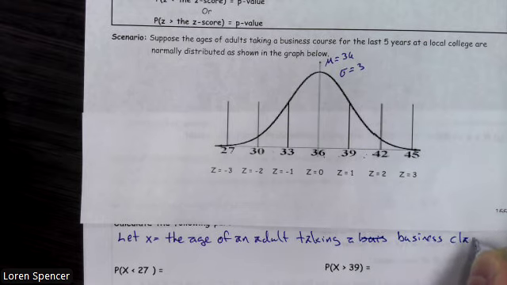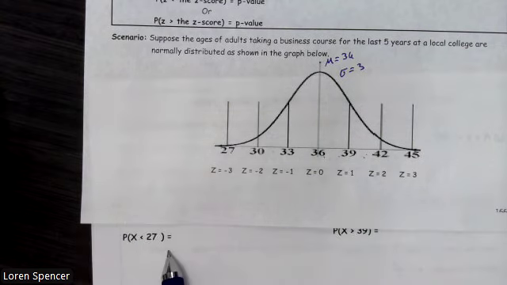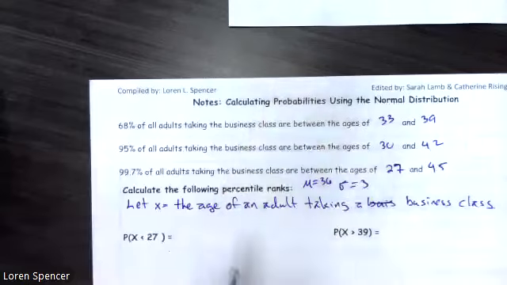And really, it's the age of the adult taking the business class at the local college. But we have the probability that x is less than 27.